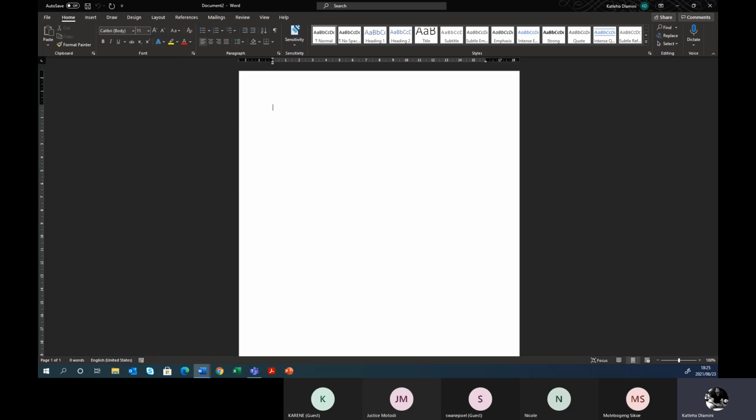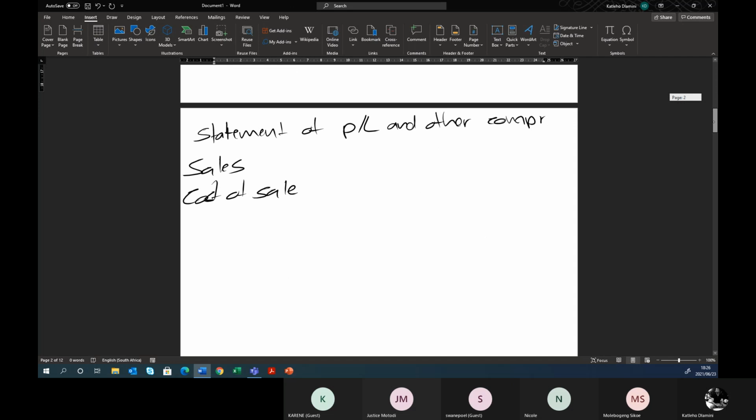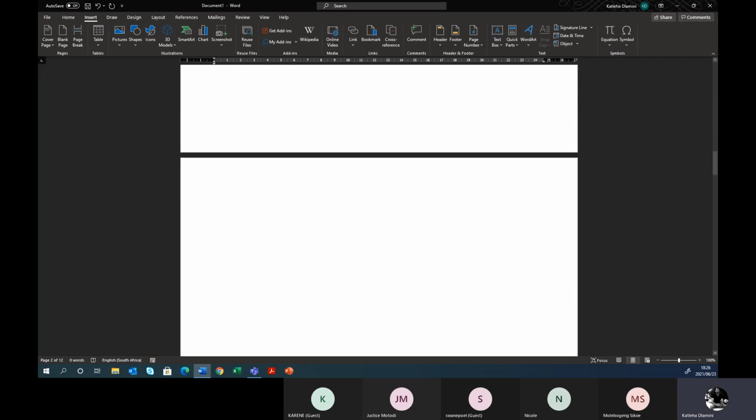I'm going to show you how to calculate this first. Okay, that is weird. I'm just going to close this and use the same document I've been using.